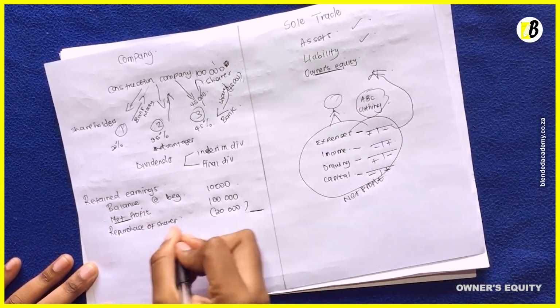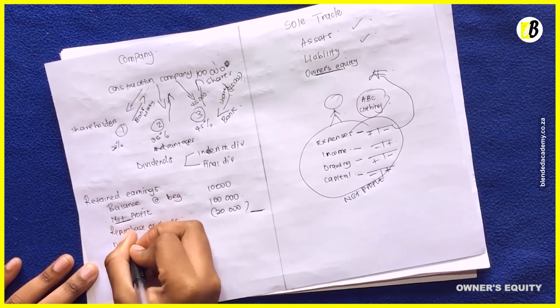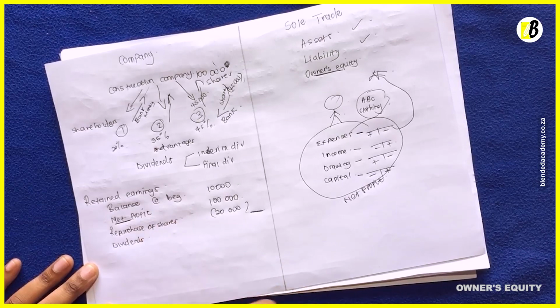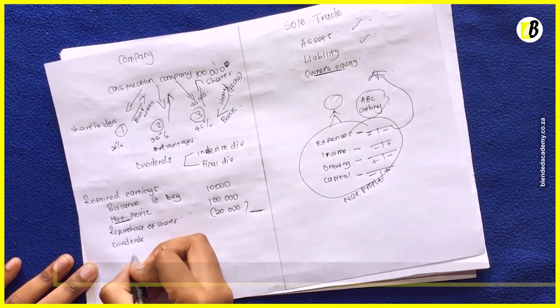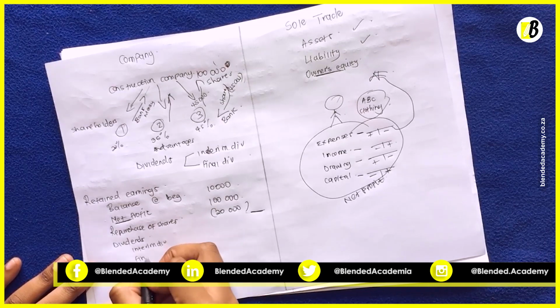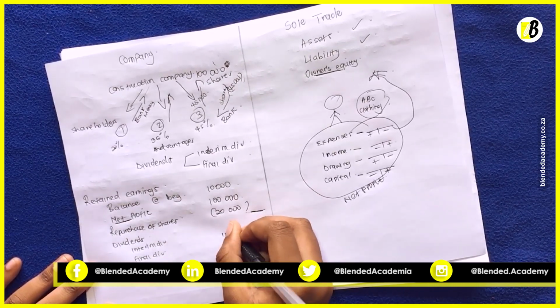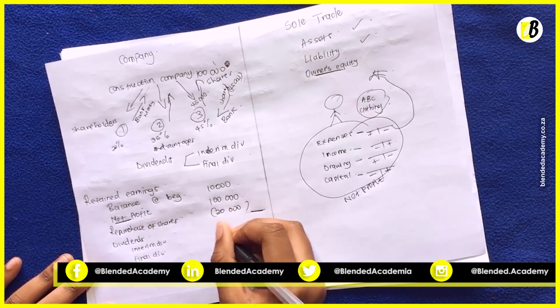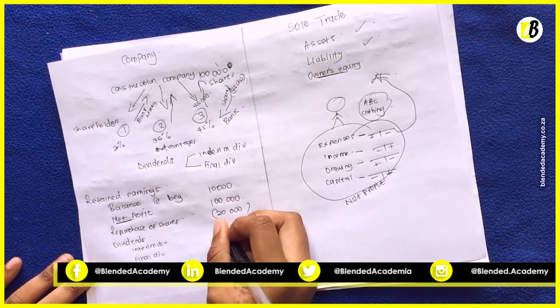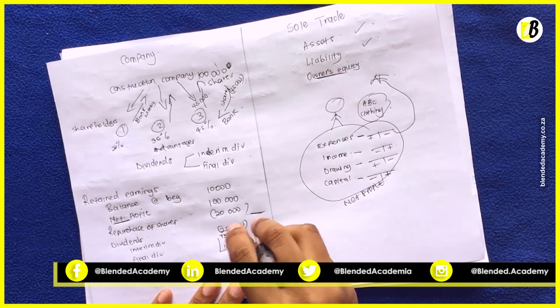Now another outflow of money that affects our retained earnings is our dividends. Remember, we said that there are interim dividends and final dividends. The company paid interim dividends and final dividends to its shareholders. Let's say 15,000 and 10,000, and this adds up to 25,000, which is also an outflow of money.